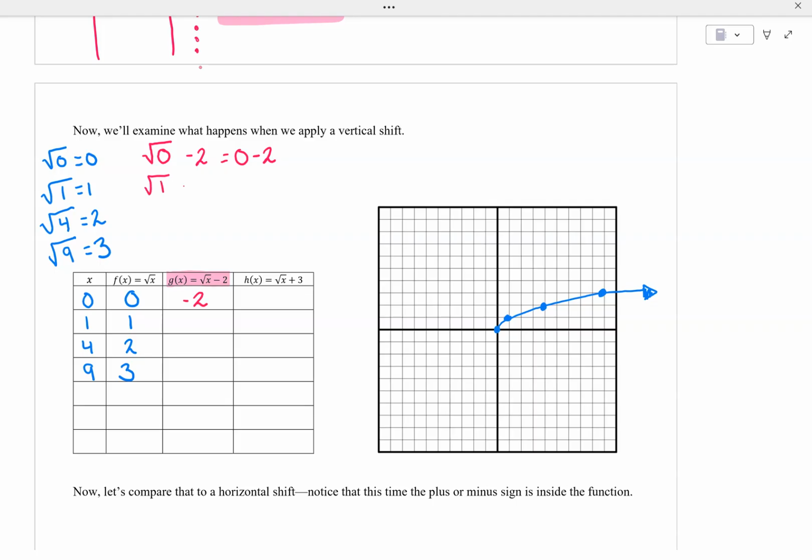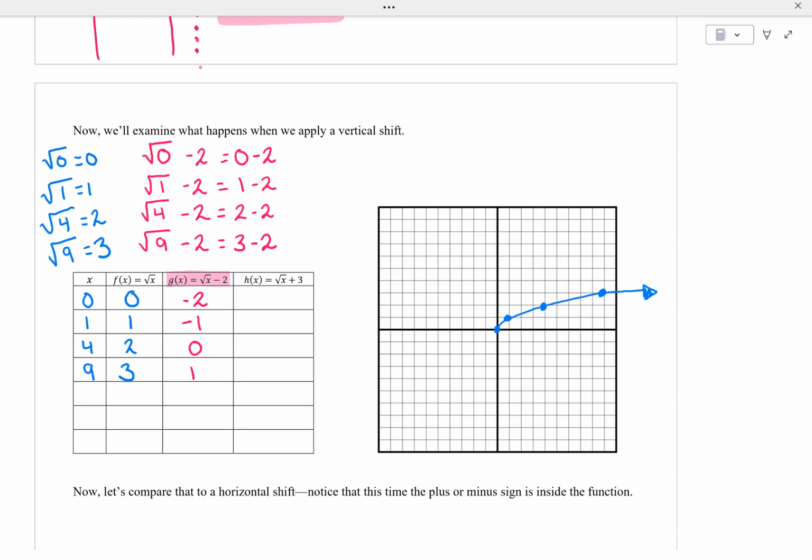Square root of 1 is 1. We subtract 2, we get negative 1. Square root of 4 minus 2 is 2 minus 2, which gives us 0. Square root of 9 is 3. 3 minus 2 is 1.